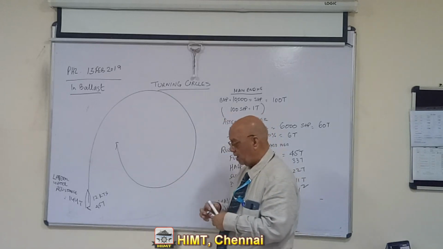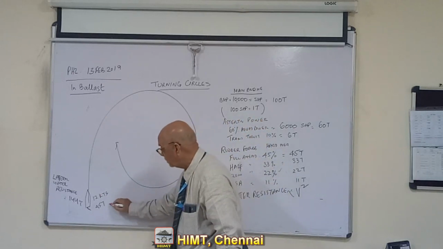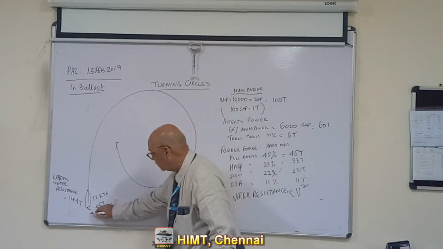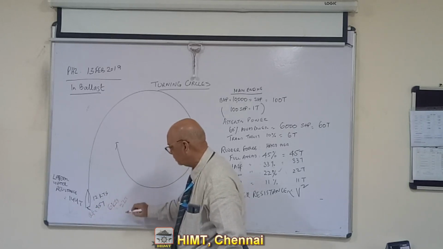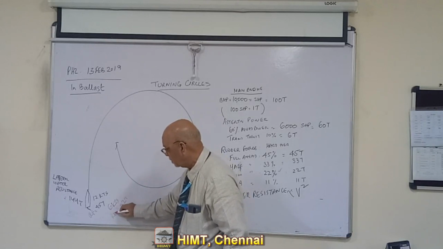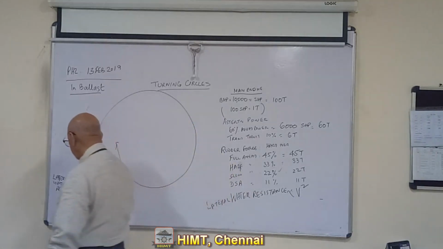Now what will happen at 12 knots and at 6 knots? At slow speed, the rudder force is 22 tons. Water resistance is 36.